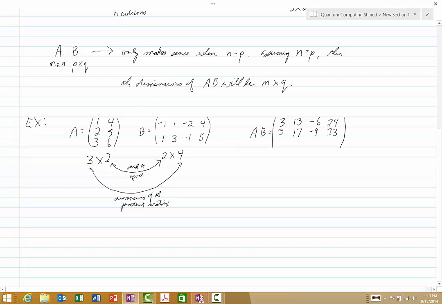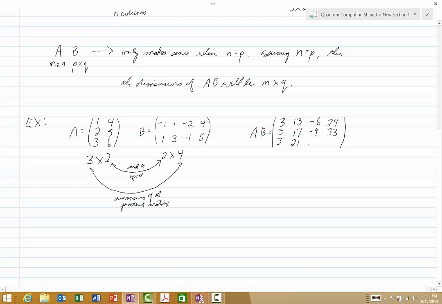And now for the last row, 3 times negative 1 is negative 3. 6 times 1 is 6. Negative 3 and 6 is 3. 3 times 1 is 3. 6 times 3 is 18. 3 and 18 is 21. 3 times negative 2 is negative 6. 6 times negative 1 is also negative 6.